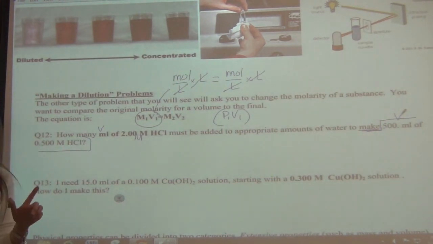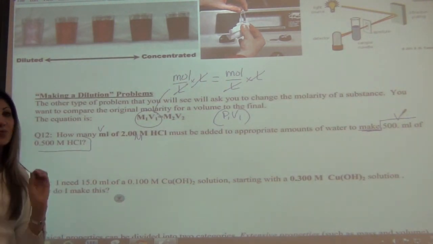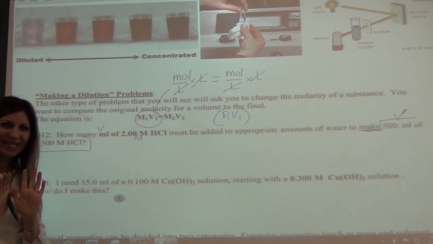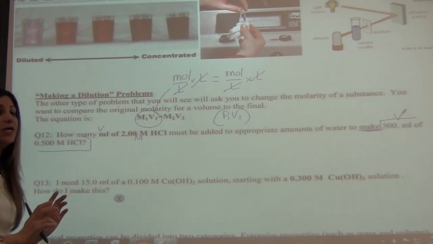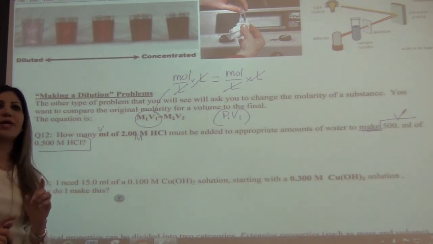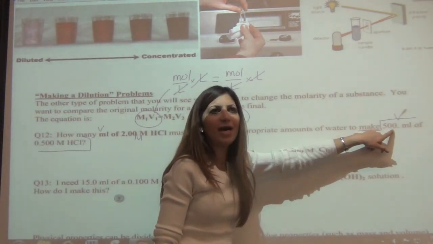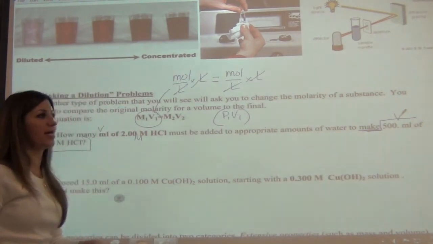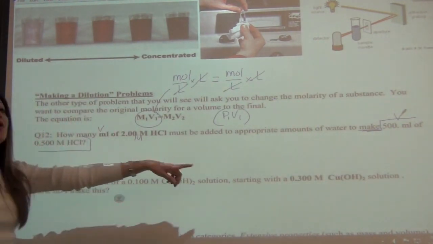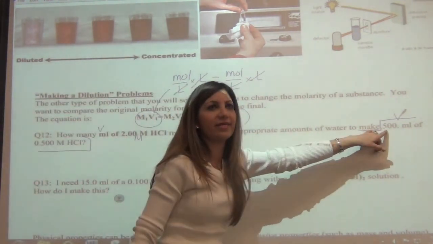It doesn't matter mathematically which way you do this, but technically, if we wanted to do this correctly, which one is original? Or maybe I should ask you, is this the final amount or is that the original amount that we already have? That's a final. We don't have this yet. We're trying to make this.